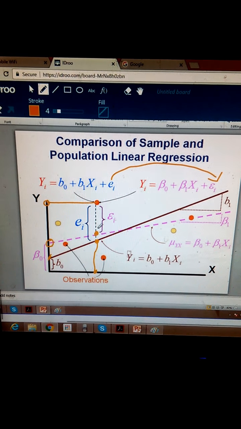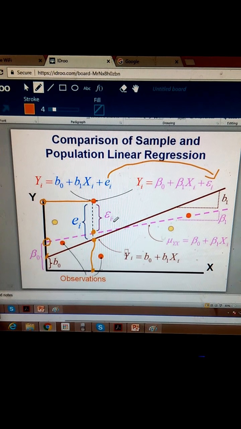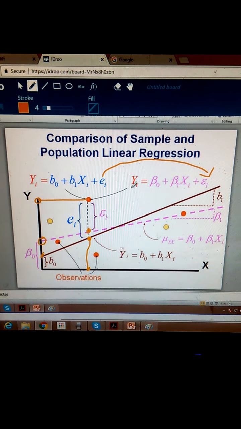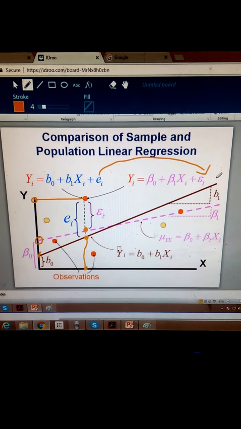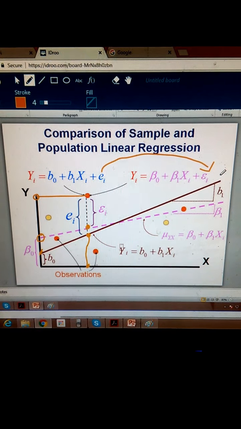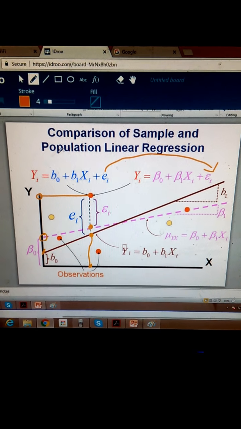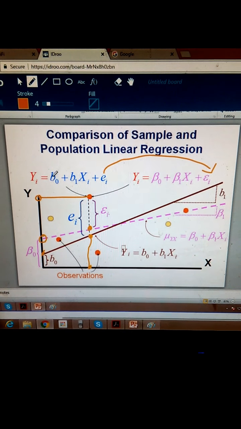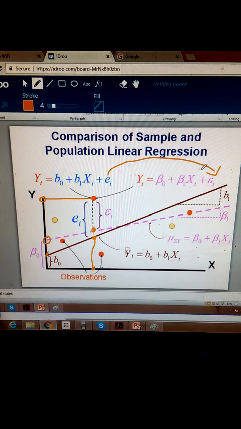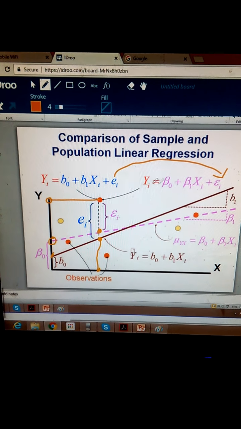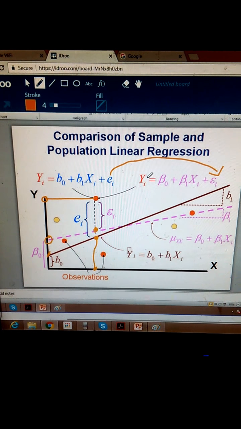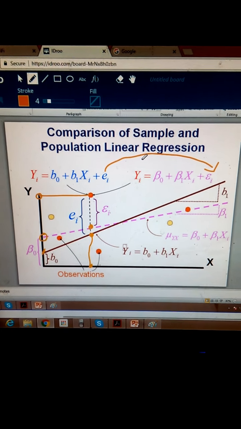So the distance between these two points is your epsilon i. You substitute over here, you get the equation. This equation is not the objective for us. We are not forming this equation on the basis of the sample data. On the basis of the data, we obtain the sample equation. With the help of the sample equation, we obtain beta naught, beta 1, and epsilon i, and we then form the same equation comprising the population data values.